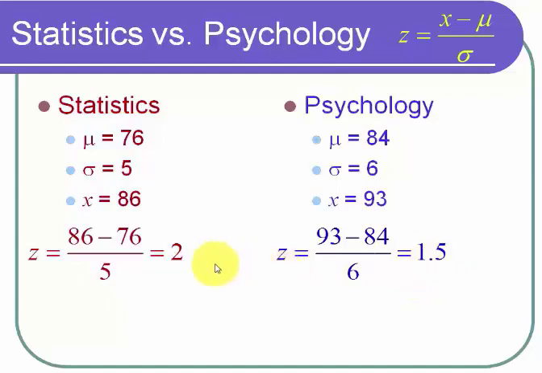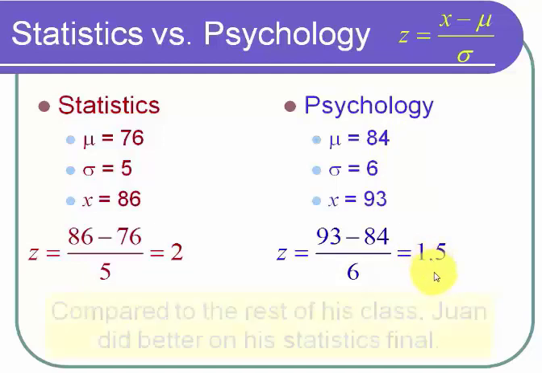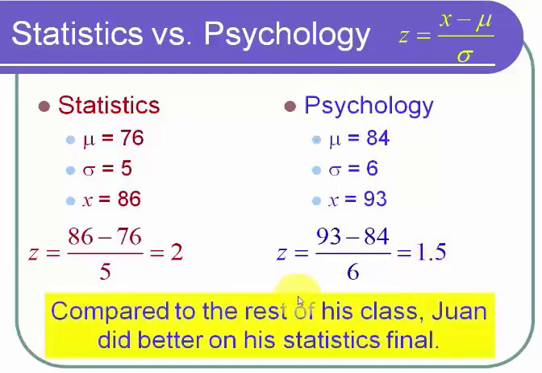Notice that Juan's z-score for the statistics final was higher than his z-score for the psychology final. So we can conclude that compared to the rest of his class, Juan did better on his statistics final than he did on the psychology final.